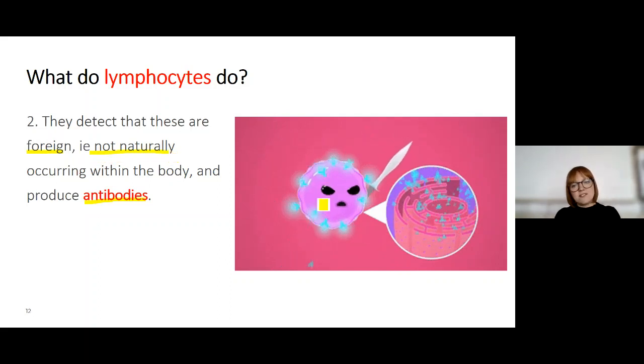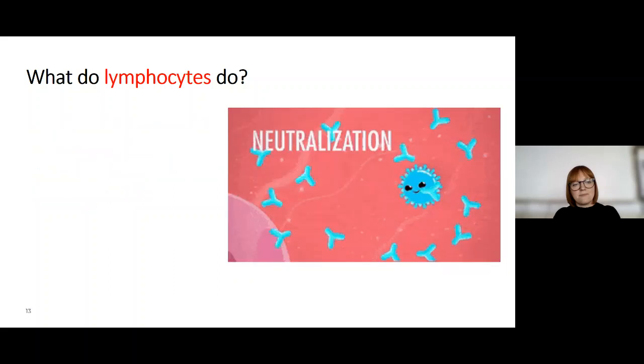So once the lymphocyte has located it and looks at the proteins, the antigens, on the outside of the flu virus, it will realize that it doesn't belong there. As a result, it will start to produce these structures called antibodies. These are specific proteins, and we can see here that the lymphocyte is producing lots of them. It takes lymphocytes a little while to start to make a very specific antibody for that specific pathogen.